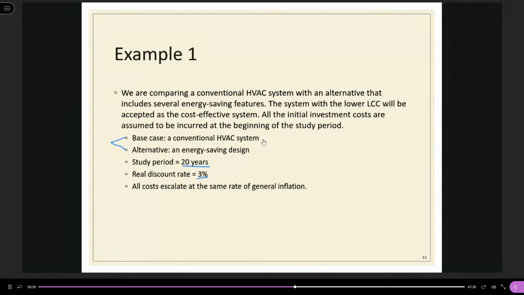All costs escalate at the same rate of general inflation, and therefore E will equal 0. So the prices will increase at the same rate of inflation, and therefore E will be 0.